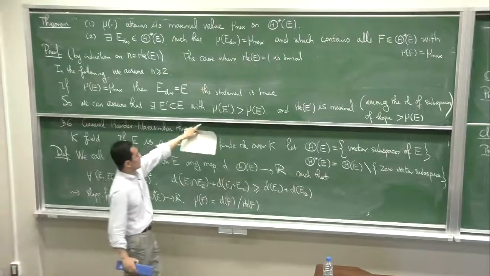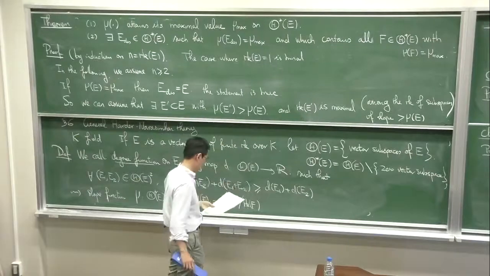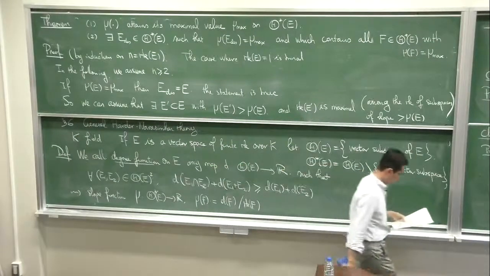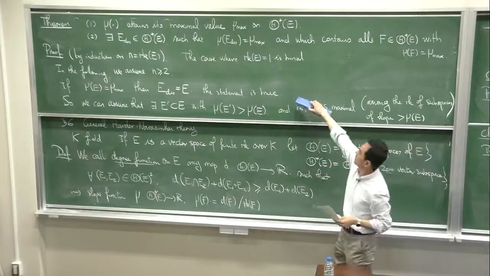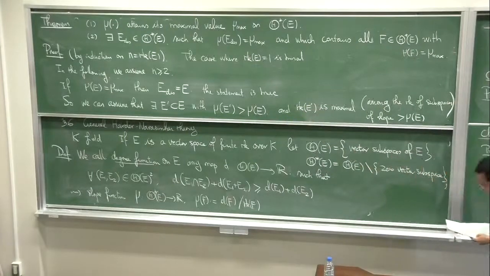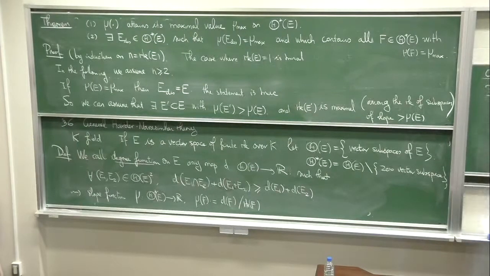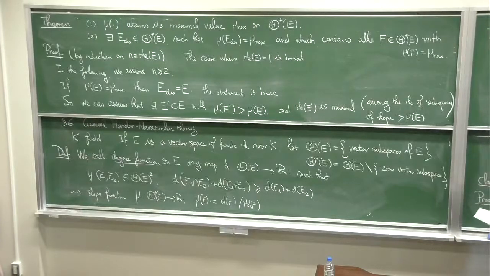Of course, if the slope of everyone is not bigger than the slope of E, then you are in the previous situation. Of course, E prime is not E. If E prime were E, then you would have mu of E prime equal to mu of E. So that is not possible.